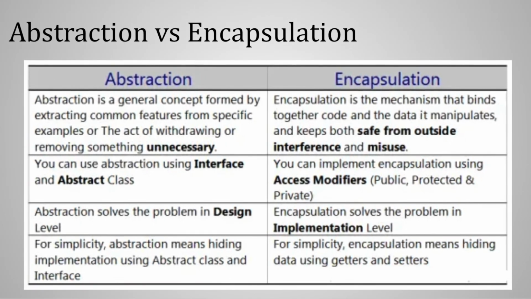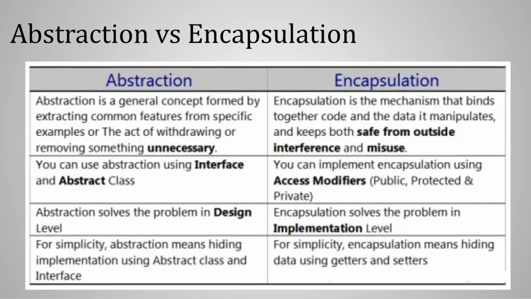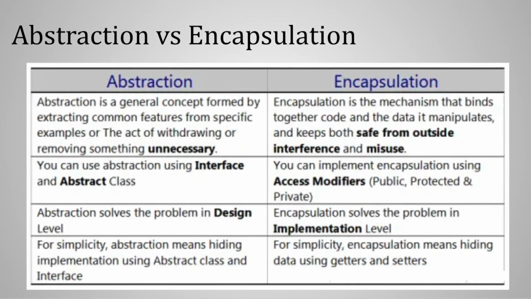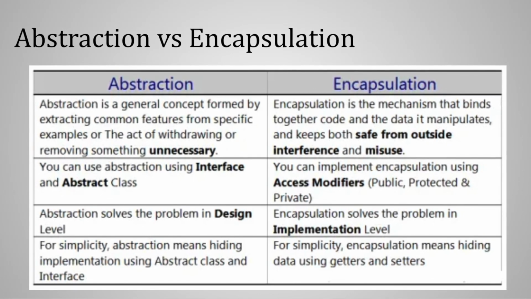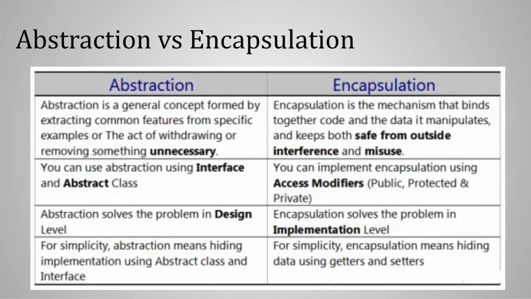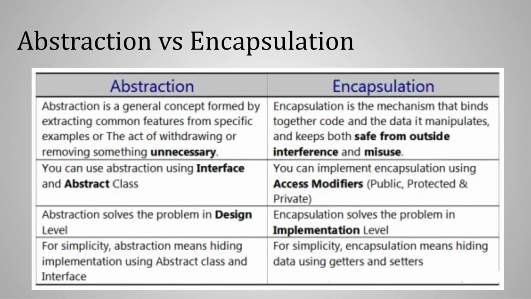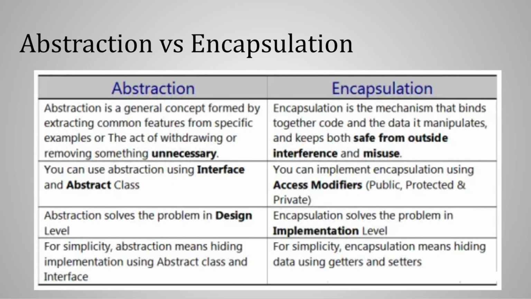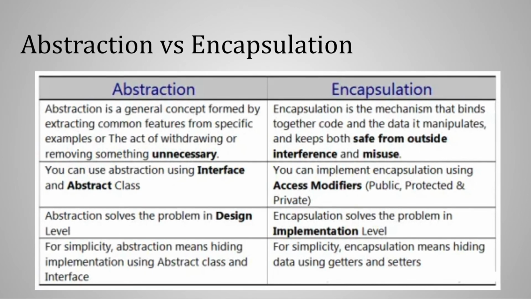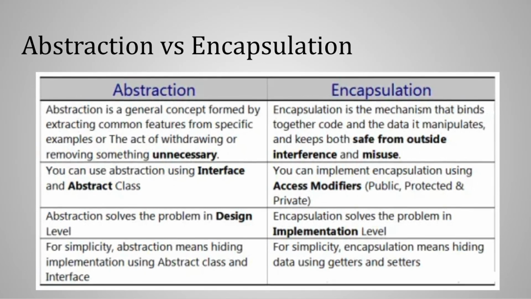The major difference is that encapsulation does not provide full security, whereas abstraction has enhanced security, which leads to abstraction being more beneficial and having more advantages when compared to encapsulation.